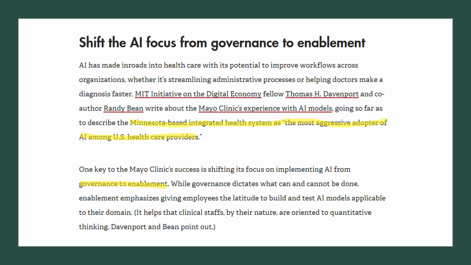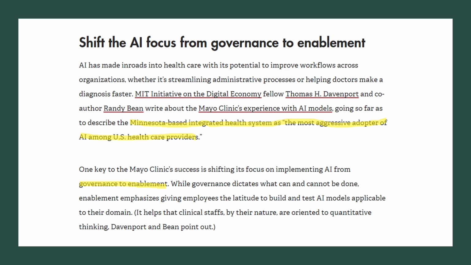MIT Initiative on the Digital Economy fellow Thomas Davenport and co-author Randy Bean write about the Mayo Clinic's experience with AI models, going so far as to describe the Minnesota-based integrated health system as the most aggressive adopter of AI among US healthcare providers. One key to Mayo Clinic's success is shifting its focus on implementing AI from governance to enablement.